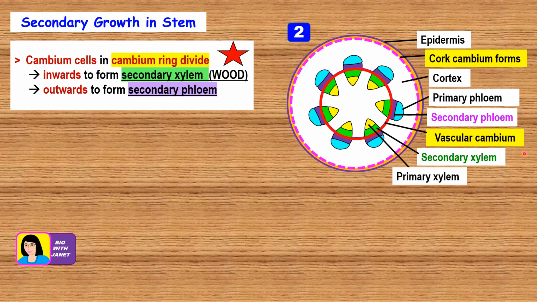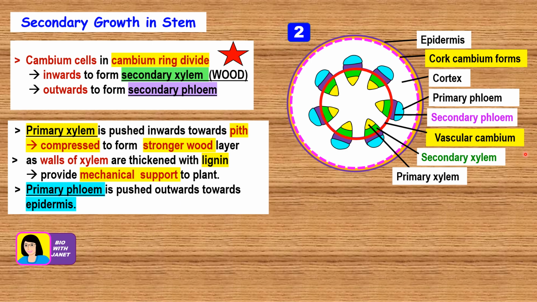The newer secondary tissues are closest to the vascular cambium, and the primary tissues are pushed away from it. Primary xylem is pushed further inwards to the pith and is compressed to form a stronger wood layer in the center, as the walls of the xylem, especially xylem vessels, are thickened with a strong hard substance called lignin to provide mechanical support to the plant. Whereas the primary phloem is pushed outwards towards the epidermis, the light blue area.